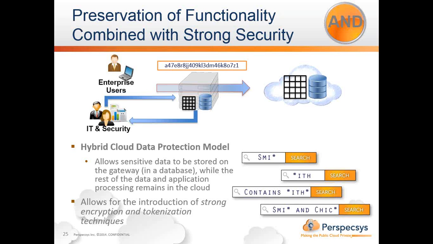So for things that are encrypted strongly or tokenized strongly, that search actually happens locally in the database. Elements that can be searched in the cloud because they were put out there in the clear are searched in the cloud, and then the gateway brings back the results into a combined view for the user that's accessing the cloud environment. That's just one example. There are other things like reporting, email, and dashboards that need to be considered as well.